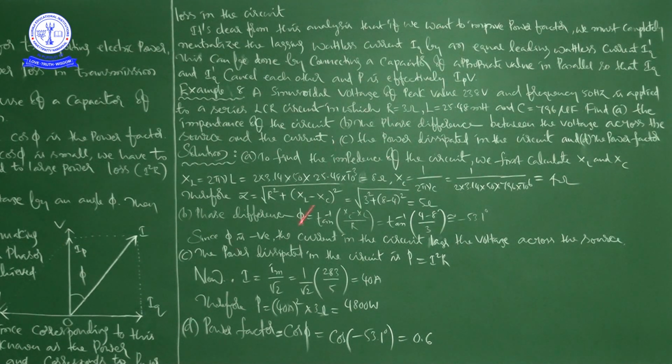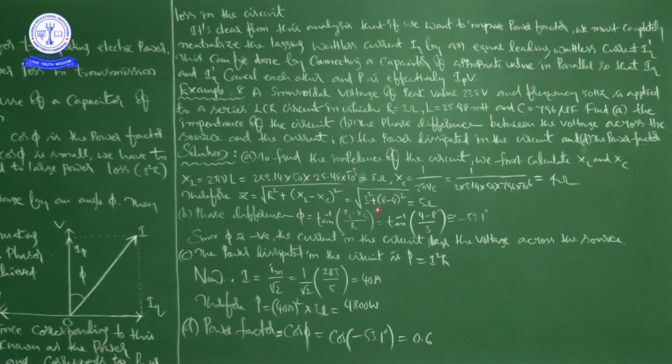Therefore, Z is equal to square root of R square plus (XL minus XC) whole square. That is equal to square root of, R value is 3, and XL and XC we just calculated, XL as 8 ohms and XC as 4 ohms. Substituting the values, 8 minus 4 means 4 square, that is 16, plus 9, that is 25.